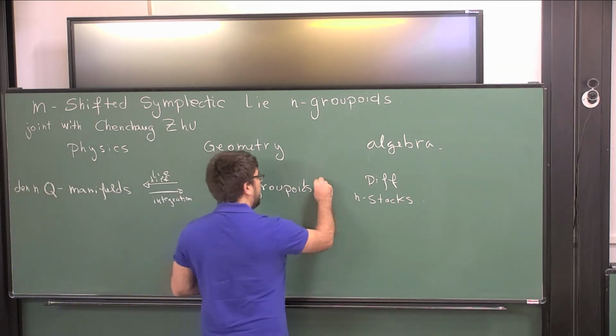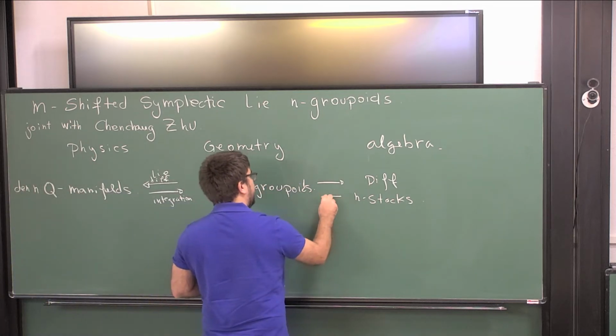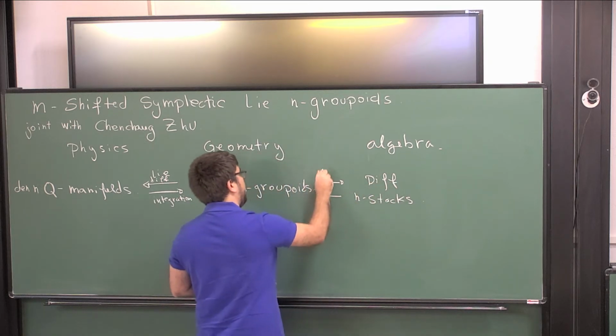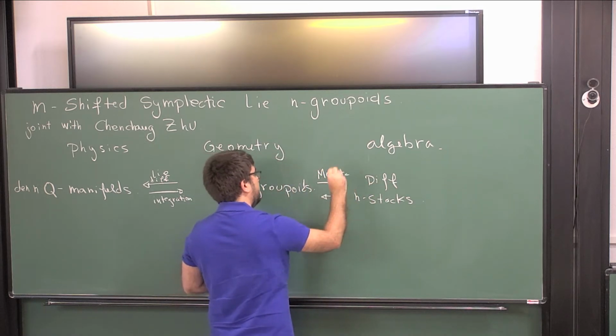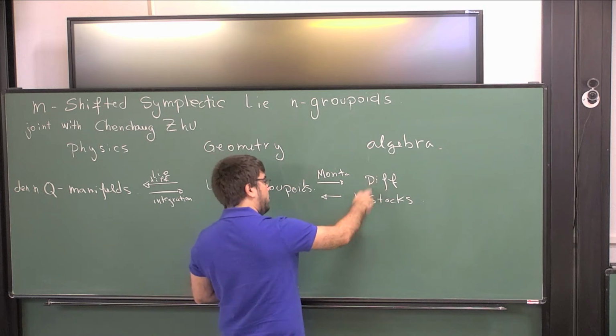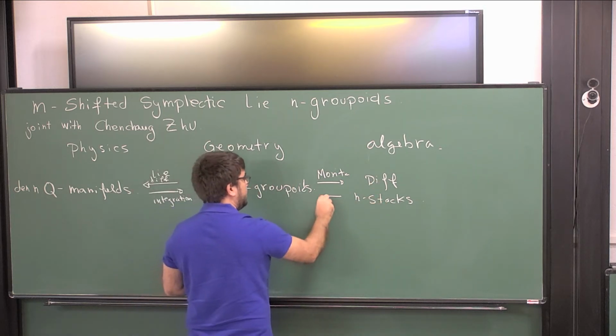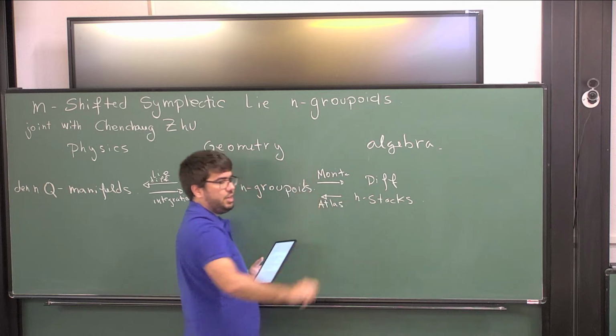And here we already saw that the way of passing from Lie groupoids to differentiable stacks is by taking the Morita class. And if you have a differentiable stack, you should think of a Lie groupoid as an atlas of this object.